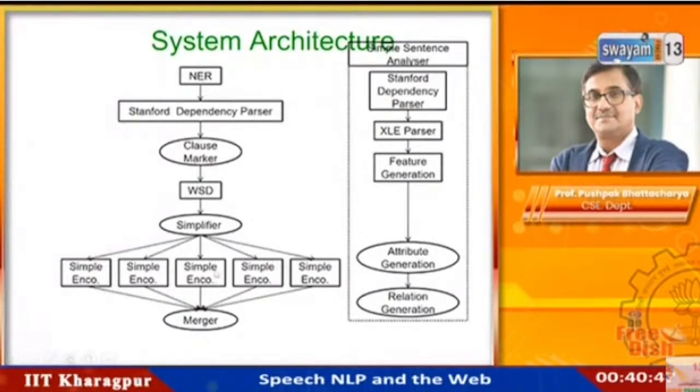This conversion into simple segments is nothing but the phrase table construction, which happens in statistical machine translation. In statistical machine translation, we obtain aligned phrases, and aligned phrases are nothing but the simplified segments of a long sentence.